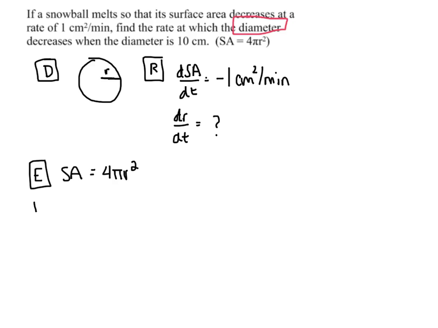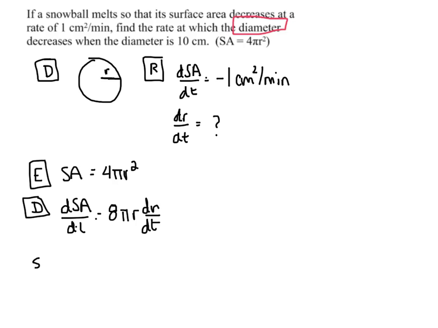So as we do the derivative, the derivative of surface area with respect to time is equal to 8 pi r dr dt. And again, we need to do that dr dt because we're not taking the derivative of r with respect to r, we're taking the derivative of r with respect to time.